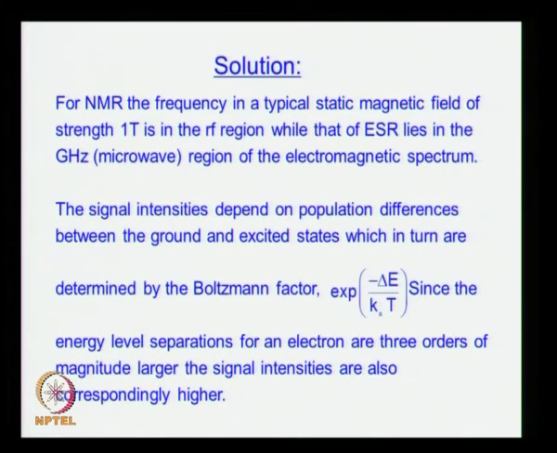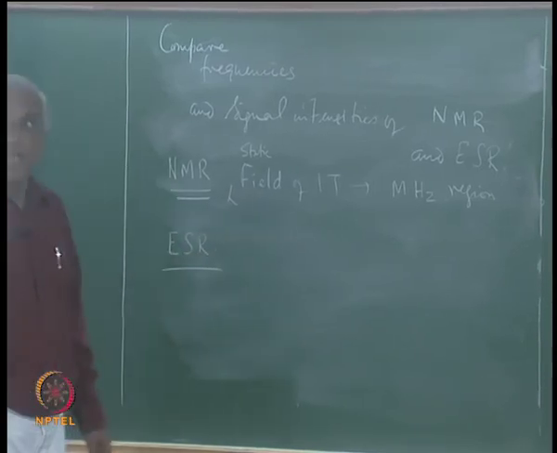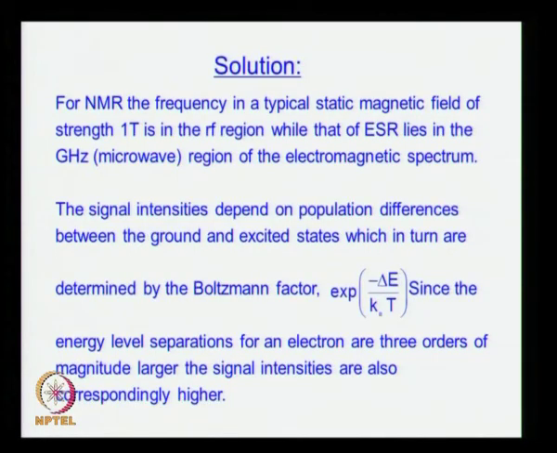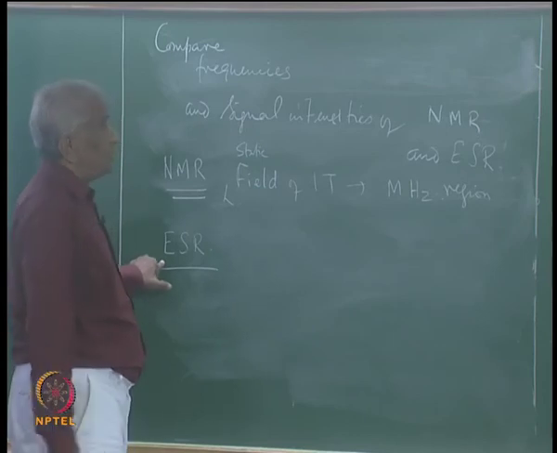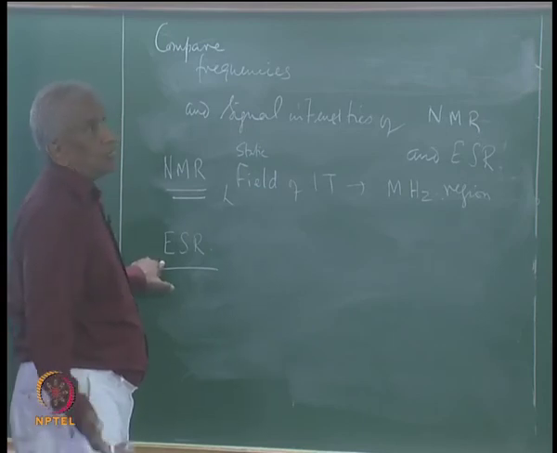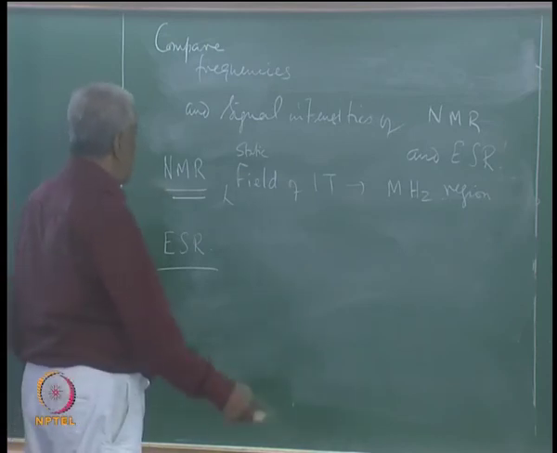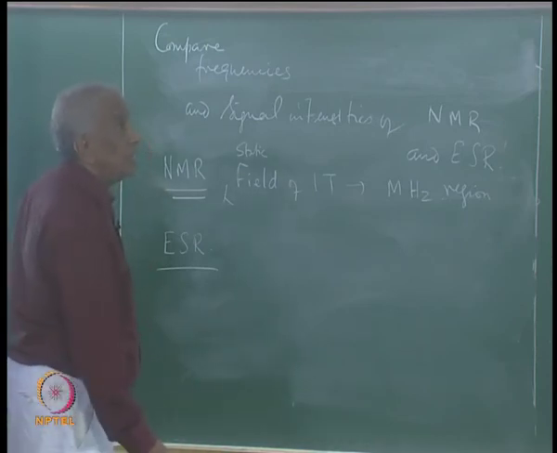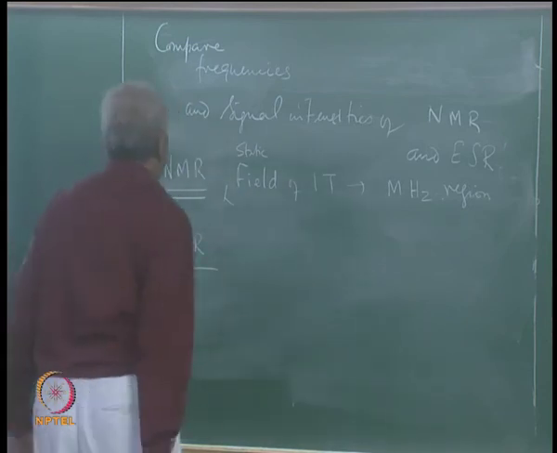Whereas, in the case of electron spin resonance, since the magnetogyric ratio involves the mass in the denominator, and since the electron is 1800 times lighter than the nuclei, an order of magnitude of 3 orders, the corresponding gamma value is larger.